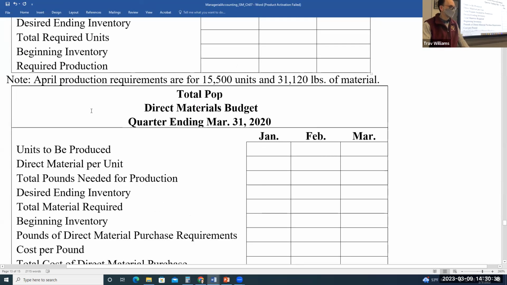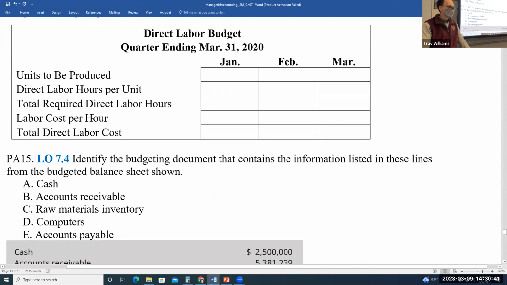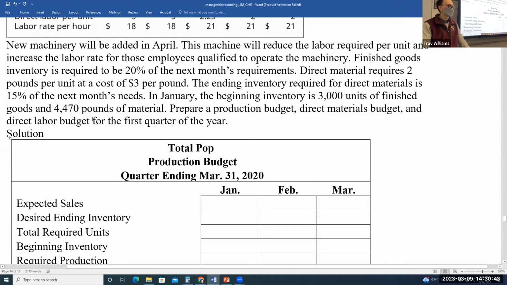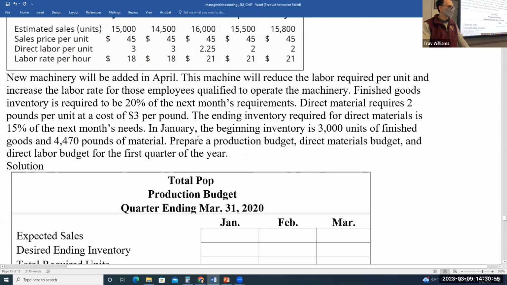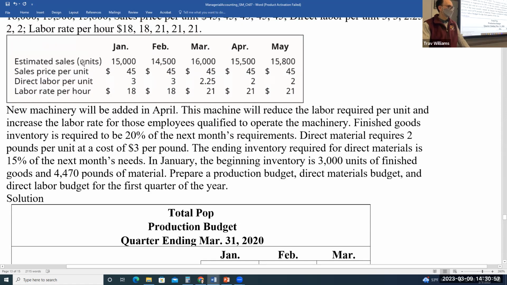This looks bad. Page and a half, but not so bad. Okay. They give us a whole bunch of data up here, but the same data are in this table. So we could kind of ignore that first paragraph. They give us sales for 5 months, sales price, which stays the same, direct labor per unit, which changes in March, and the labor rate per hour also changes in March.